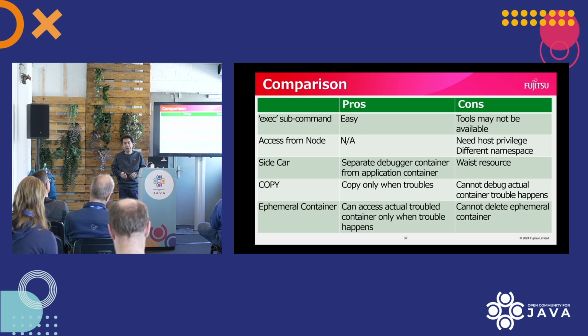Once you create an ephemeral container, you cannot delete or detach it, even after you finish debugging. Anyway, I showed you some troubleshooting methods. So you can select one or two of the methods according to your container environment.